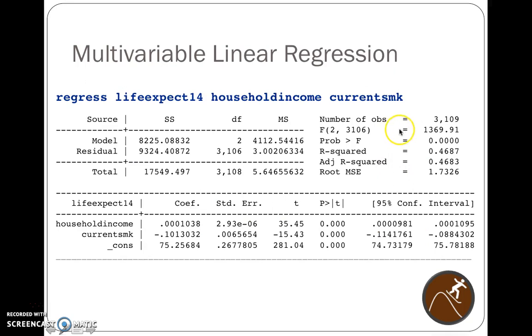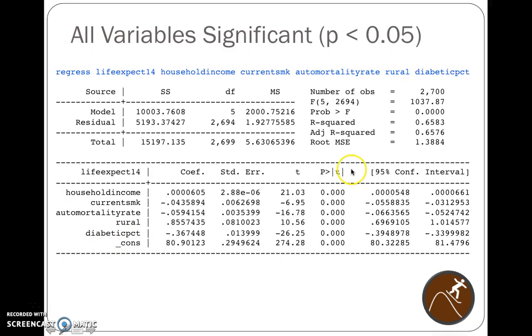So there's our simple model at 47% with household income and just smoking. When we put them all in there and we drop the female one, we see that we're still at 66%, 65.83 on the regular R-square, adjusted 64.8%. So this model is explaining a lot about life expectancy.